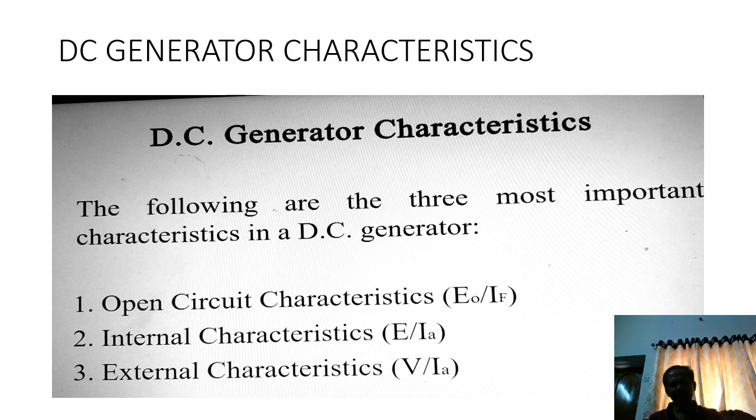At constant speed, we get this type of characteristics. It is also known as open circuit characteristics, nothing but the magnetization characteristics.